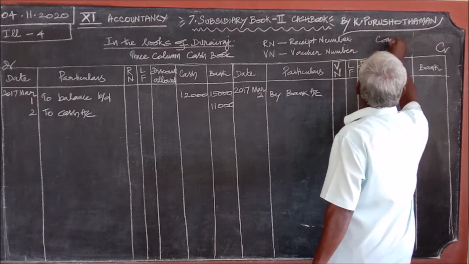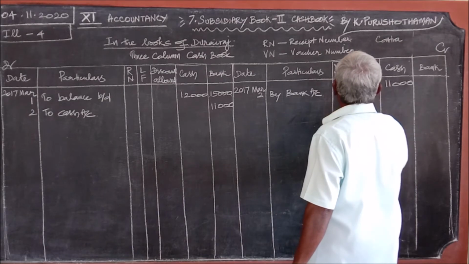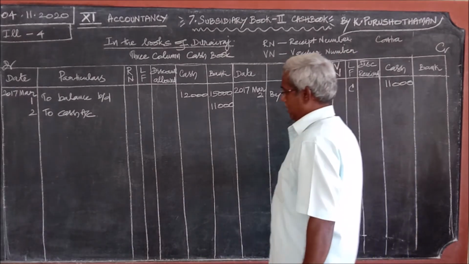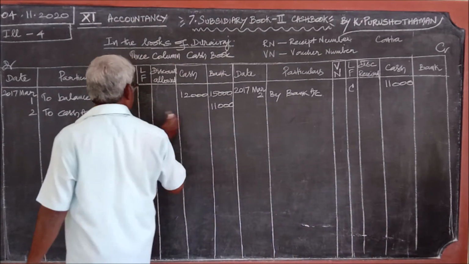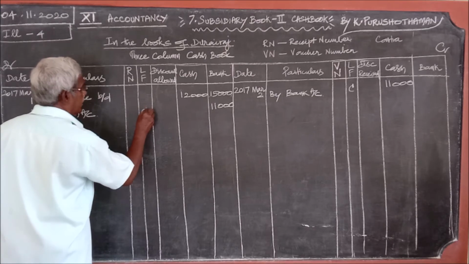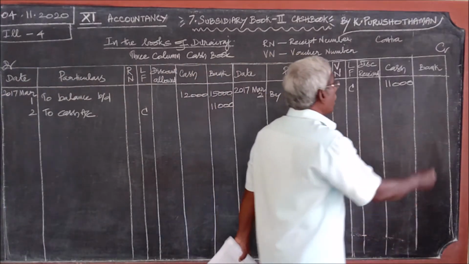Therefore, this is called contra entry, which is denoted by the letter C, and that must be written in the ledger folio column. Likewise, here also in the ledger folio column, you should write C, which means contra. Contra means opposite.